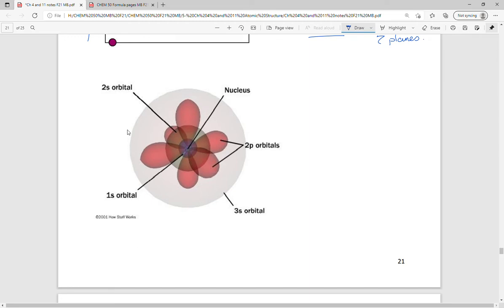And we know that we have the energy levels. We'd have 1, 2, 3, and 4 as our energy levels. And then we're also going to have the shapes.